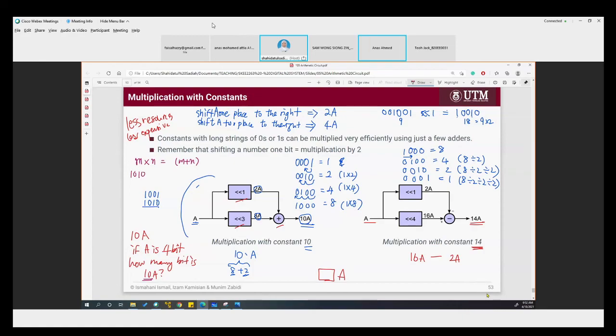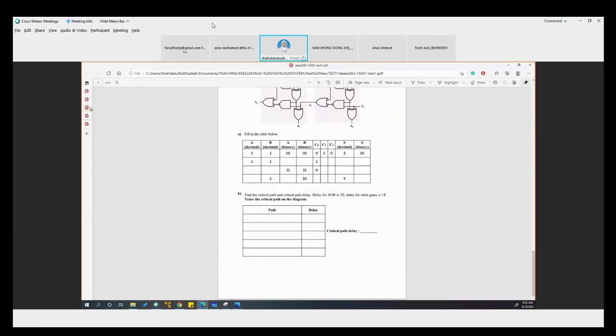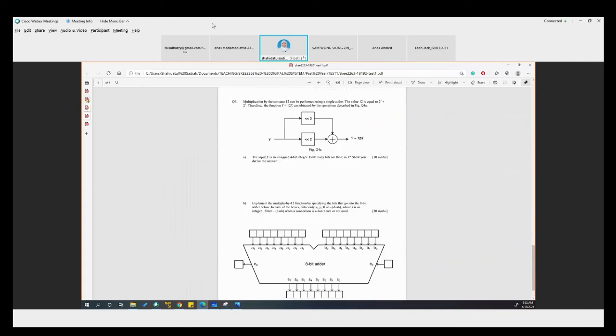A is 4 bits. So 10A is 4 plus 4, 8 bits. I asked you that because that was in the questions that I saw.